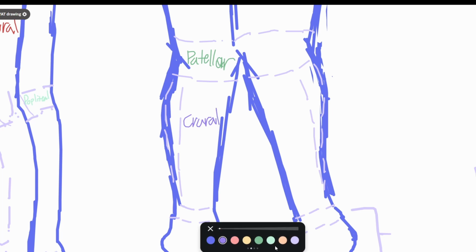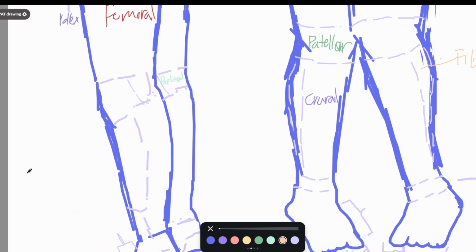And on the side, you have your fibula, so you would call that the fibular. And over here, you still have your fibular.